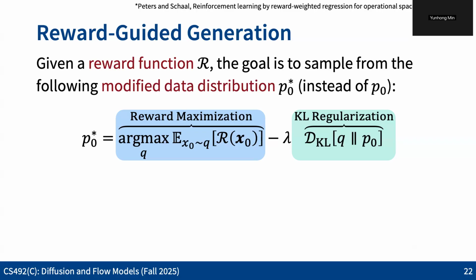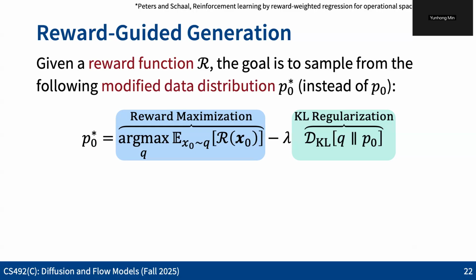So when you sample from the new distribution, the rewards for those samples should be maximized, right? This already shows a trade-off between how close the new distribution is to the original distribution, and how much the samples from the new distribution maximize the reward.